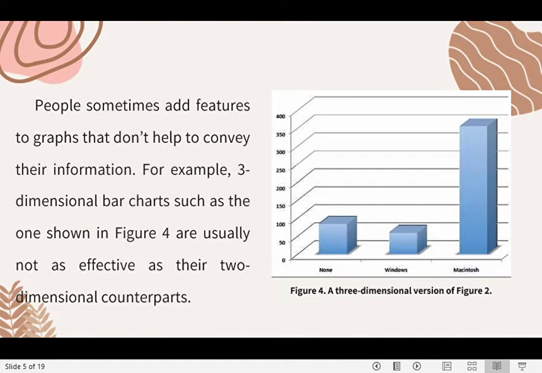For example, a three-dimensional bar graph, such as the one shown in Figure 4, is usually not as effective as its two-dimensional counterpart. Why do you say that it is three-dimensional? Because you can see the top view, the front view, and the side view of the graph. Does it help with the interpretation? No, this is a way of trying to put an aesthetic on the chart. Nonetheless, it does not add any meaning to the chart.